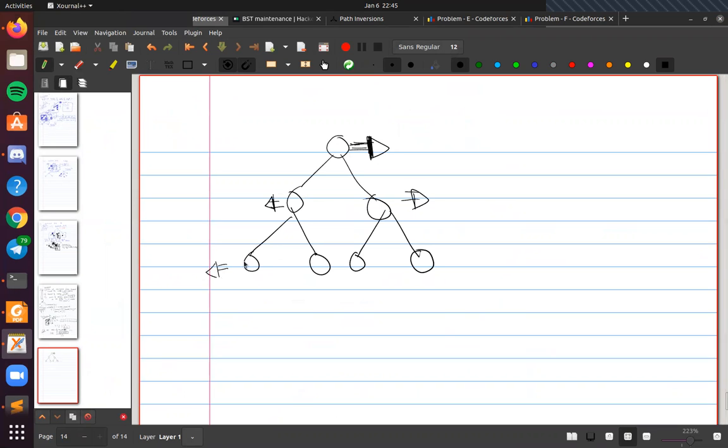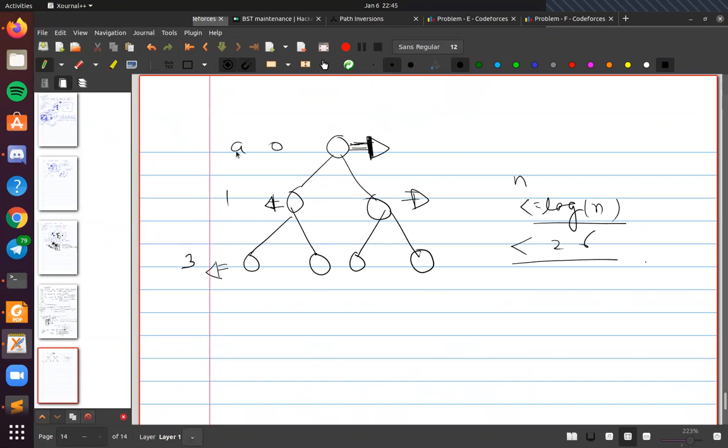Since the height would be less than or equal to log n, it is less than 26. So you can assign level by level labels: let's say Z to this, Y to this, X to this, and so on. So you assign the labels by levels.